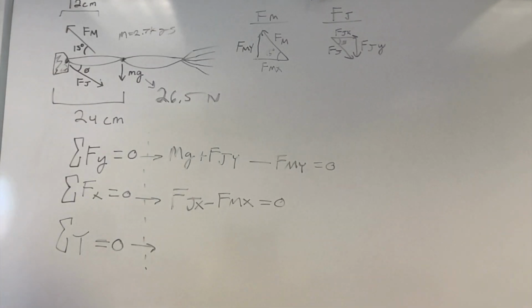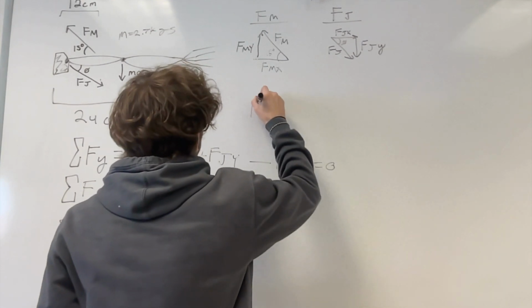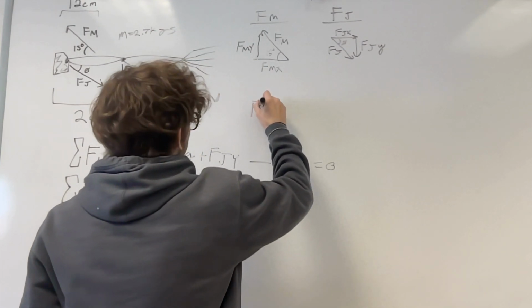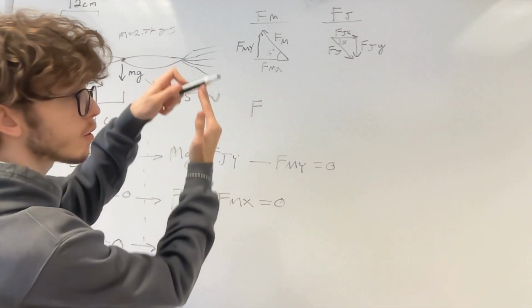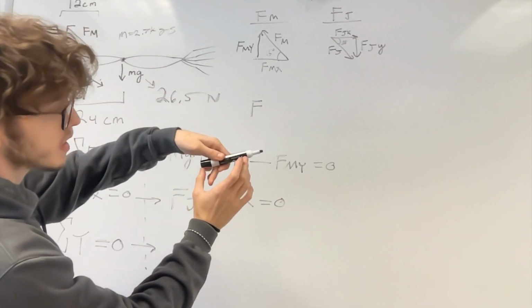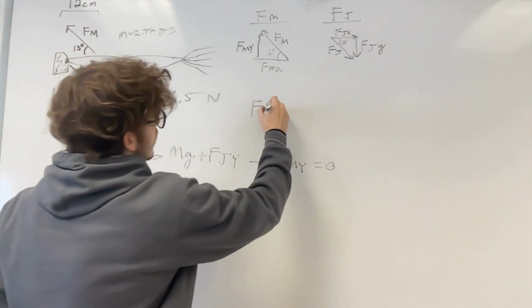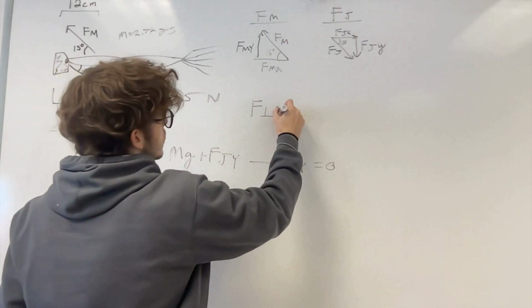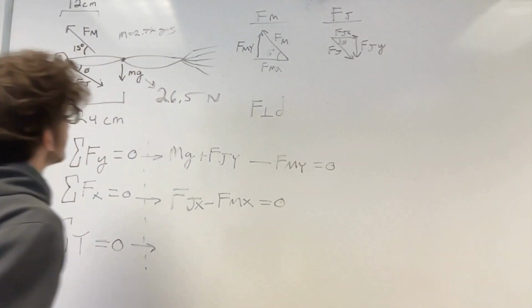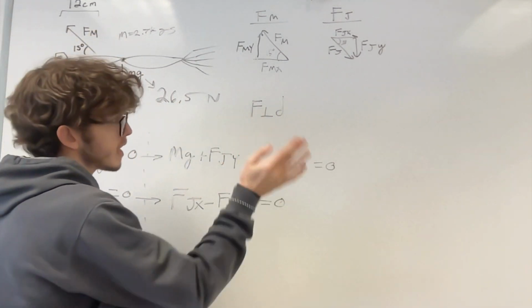We know that torque is equal to the perpendicular force times the distance from the point of rotation. Well, if we make the distance 0, what happens to the torque? It just drops out, right?